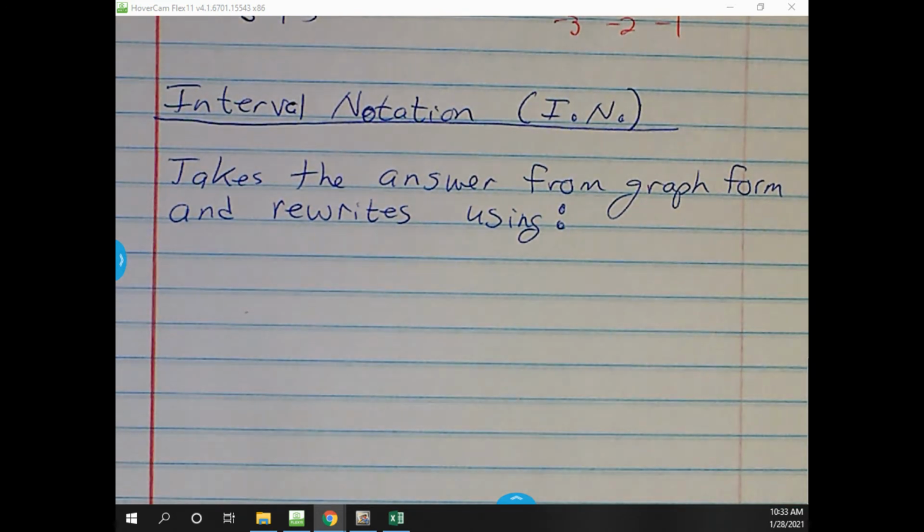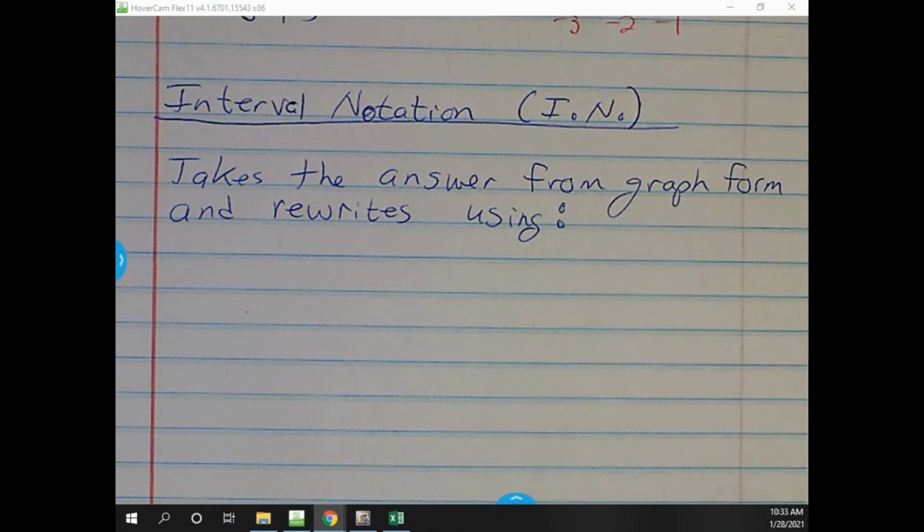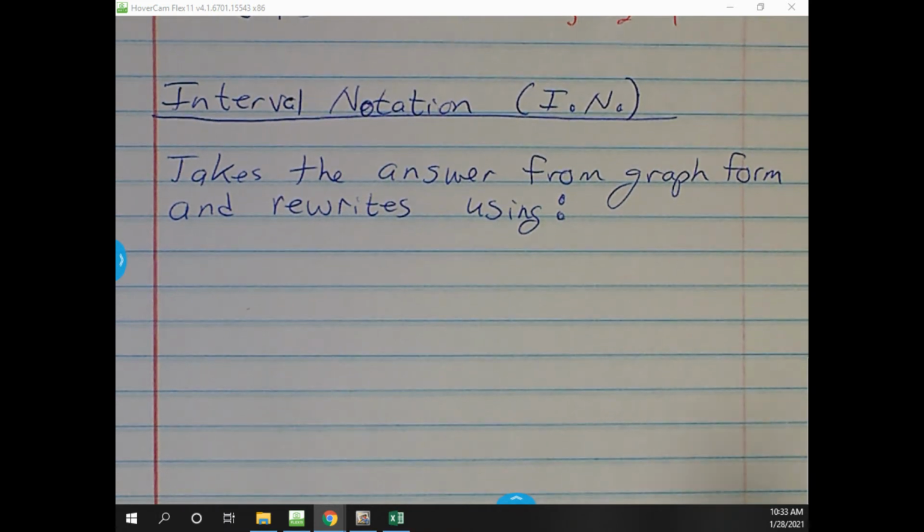If it was all number line, we wouldn't have to worry about doing interval notation because it's already there. But eventually we're going to get away from the number line and have it so we have the Y values in there also. And it's going to need a little bit to go with this one.